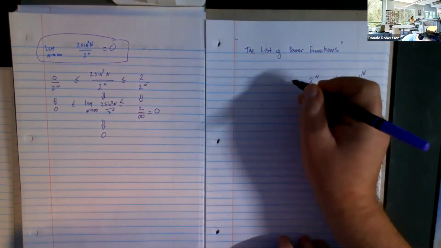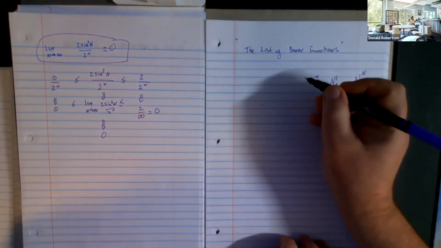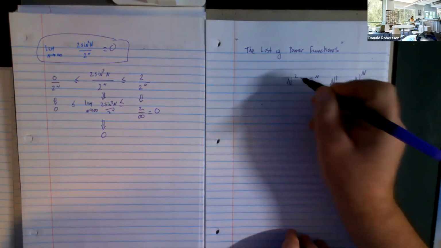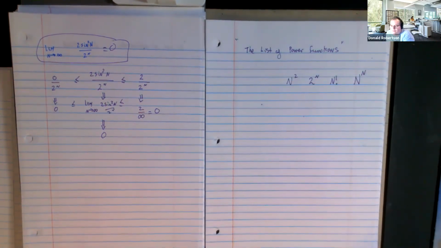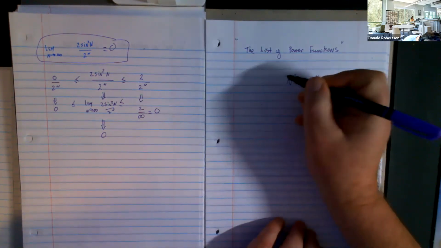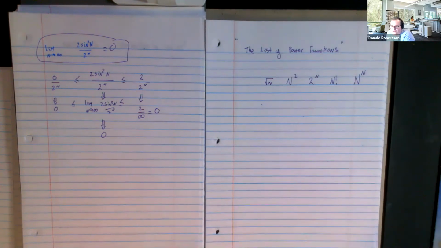Next, after that type of guy, right? You get n squared. After n squared, you get square roots and cube roots.